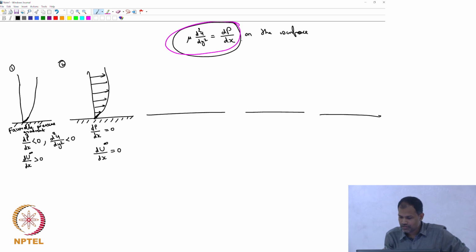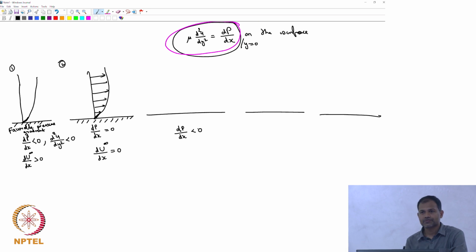This one at y is equal to 0. You have some doubts? No. Okay, so if I have a case where dp by dx is less than 0, in fact all three cases are going to be dp by dx less than 0.